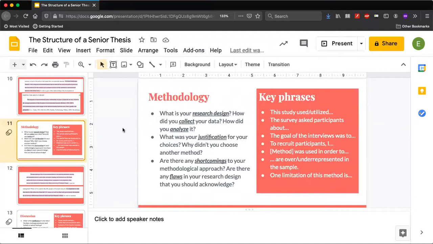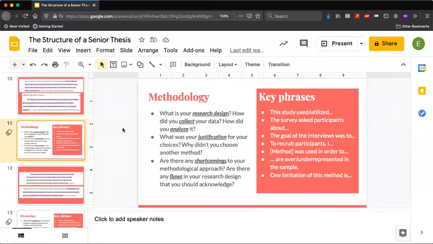Okay, so key phrases to think about here would be things like this study used or utilized some design, for example. The study asked participants about something, if this is interviews or surveys. The goal of the interviews was to recruit participants. I did something.